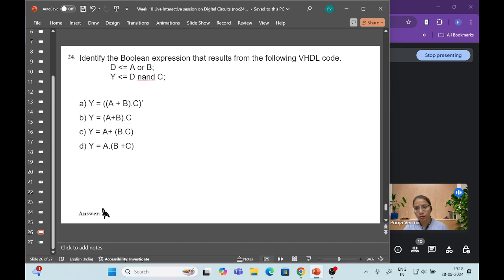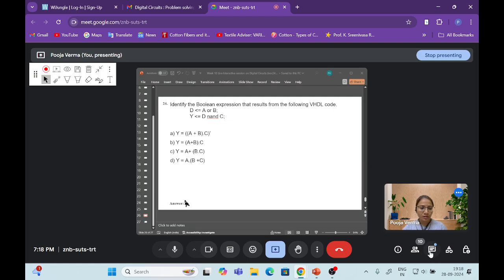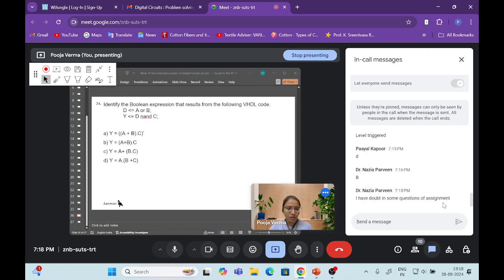Option A is A plus B into C dash. Option B is A plus B into C. Option C is A plus B and C. Option D is A and B plus C. Please try to answer in the chat box.